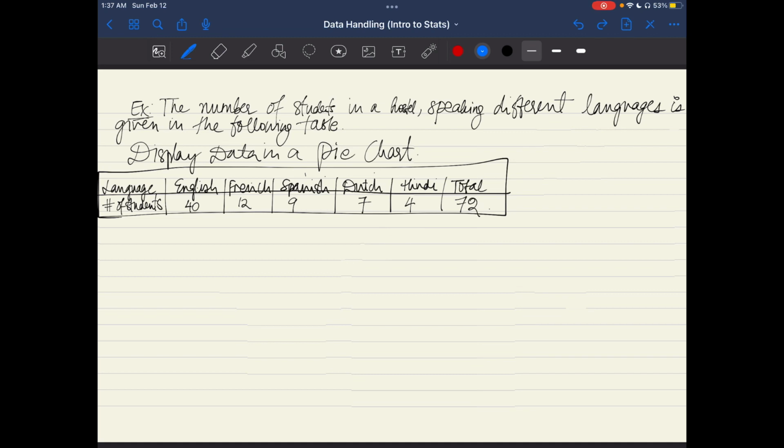Again, to draw the pie chart, we need to know the internal angle for every single sector that will be there in that pie chart, right? So let's start with finding the internal angles for each of these languages. Let's start with English.